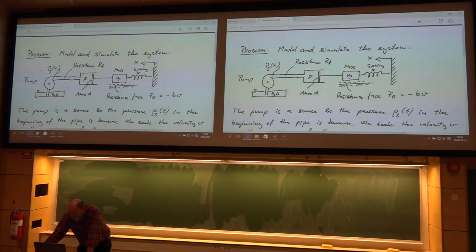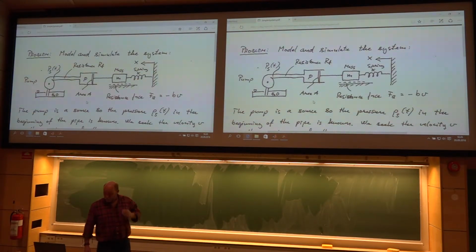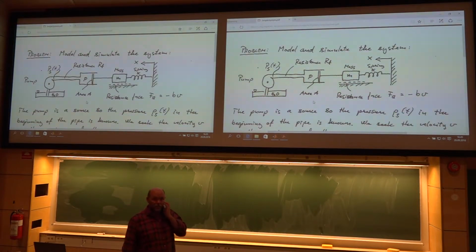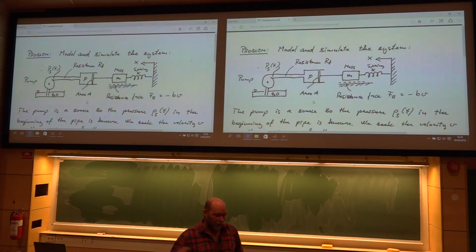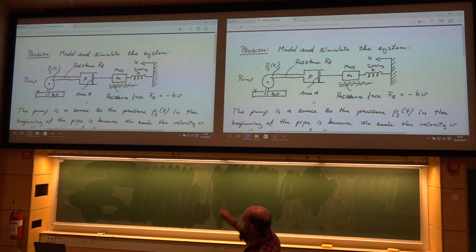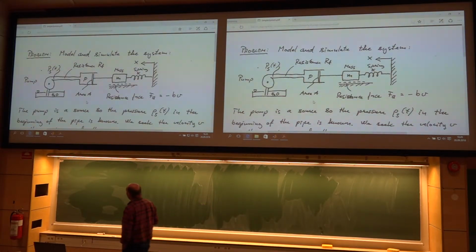Force then acting on the mass with a spring, and we have some sliding resistance, and so on and so forth. Now, from last time when we looked at that problem, we found the solution by looking at the physical laws. Now we should find the same solution, meaning finding the differential equation describing this, by using bond graphs. So let's try.